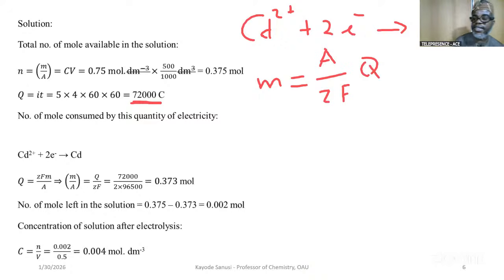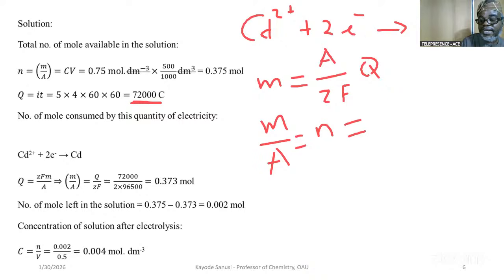We really do not need the relative atomic mass of cadmium, since M over A gives us the number of mole, and that is exactly what we need.